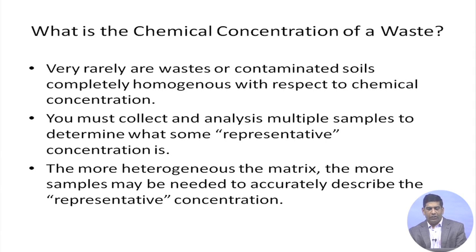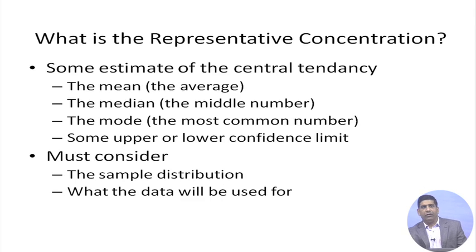The more heterogeneous the matrix, the more samples may be needed to accurately describe the representative concentration. As you can see in the last bullet, the more heterogeneity, the more samples are required. So we need to be very careful.